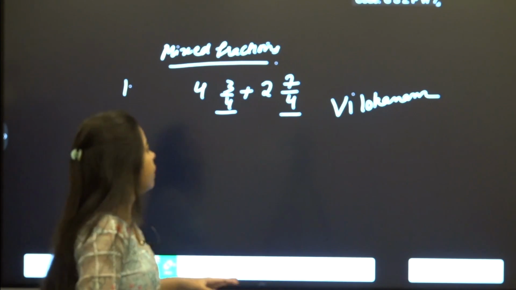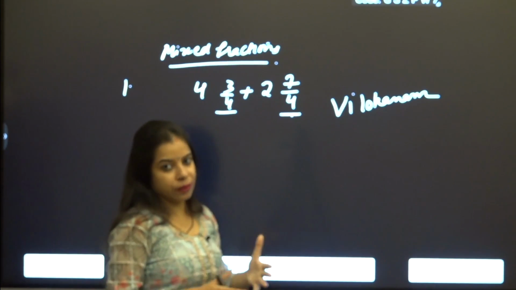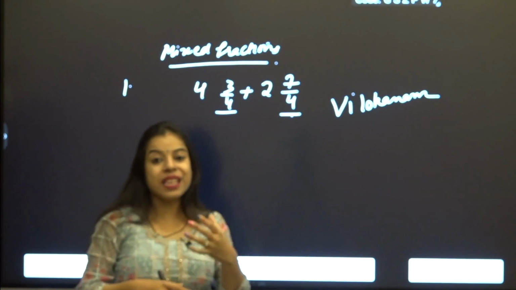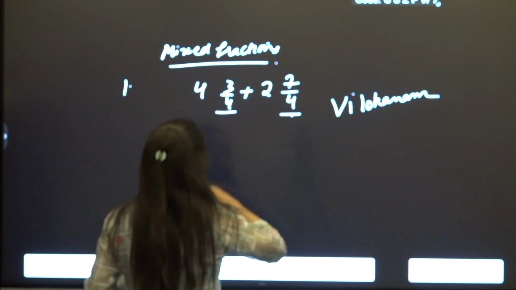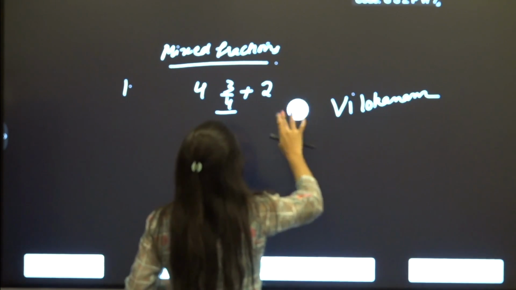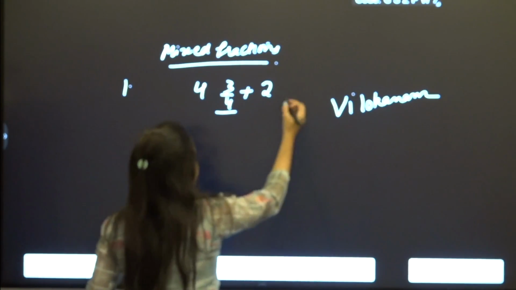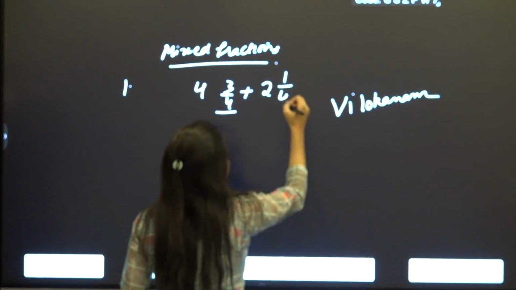Here, this is 7 by 4. So again this is an improper fraction. So instead of taking this, we should write here 1 by 4.